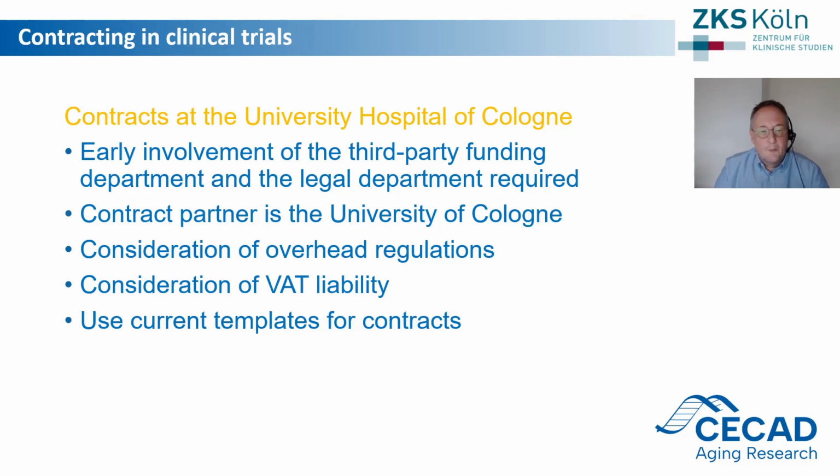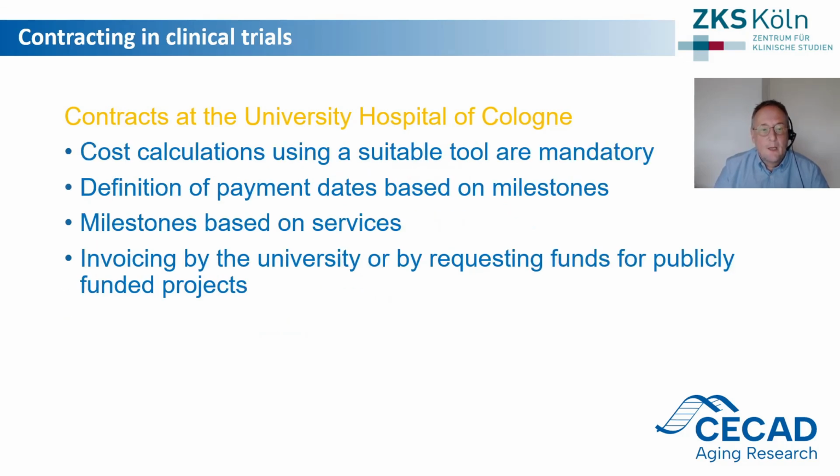The third-party funding department or the legal department can provide you with the current version of these contract templates, of course. Then, the cost calculation using a suitable tool is mandatory. The definition of payment dates should be based on milestones, and milestones should be based on services. And the invoicing will be done by the university or by requesting funds for publicly funded projects.